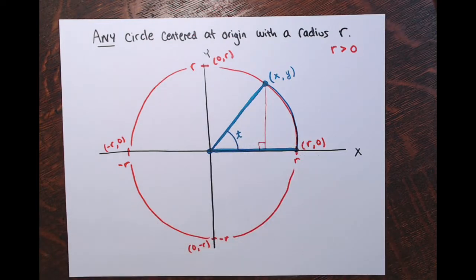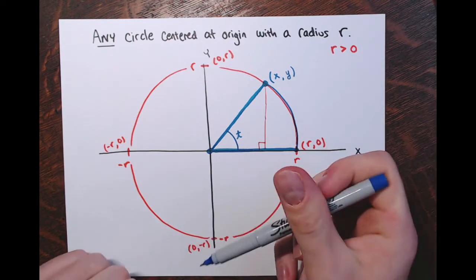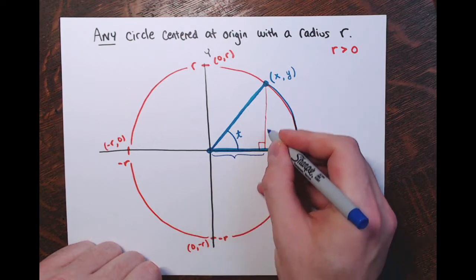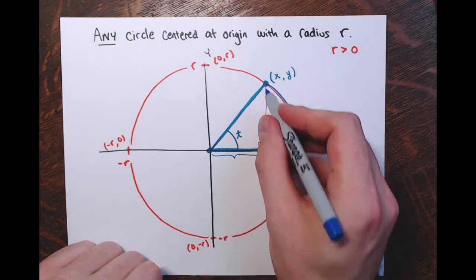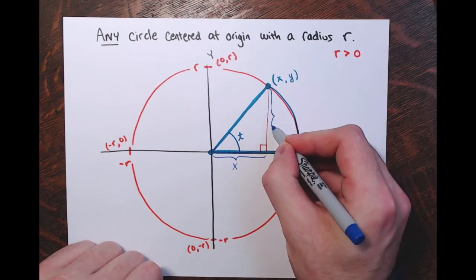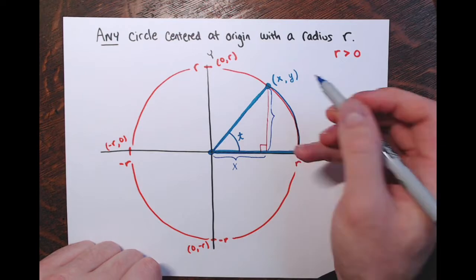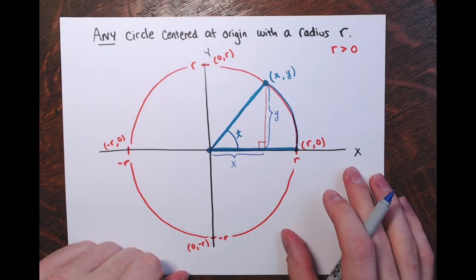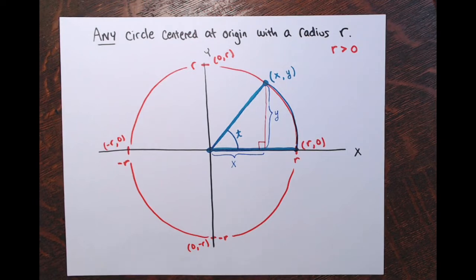Now the lengths on this right triangle: this horizontal length is just the x-coordinate of the point x, y. The vertical length is the y-coordinate of the point x, y that I'm at on this circle. But this time I'm not talking about just the unit circle, right?